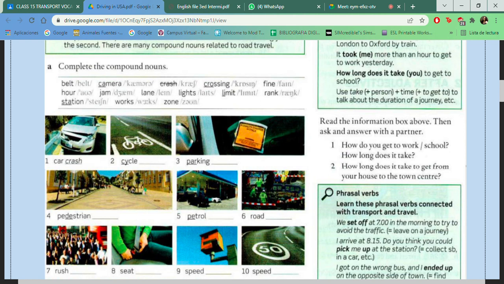Number three. So you get charged here. Do you know, Fabi? Parking fine. Parking fine. Very good. Excellent. Well, number five is really easy. Petrol will be British. The American option is gas station. Gas station, of course. Well, as well, number six, the noun and not the people. The noun is road.